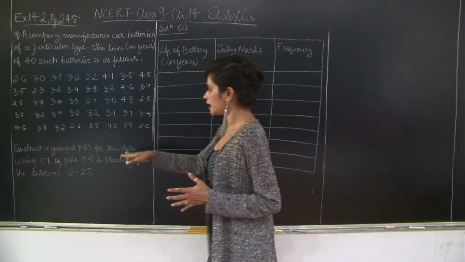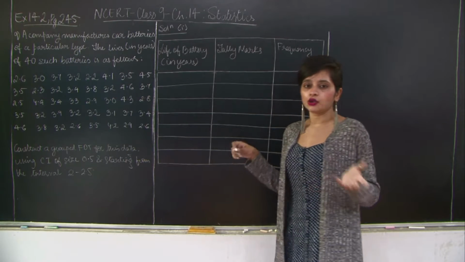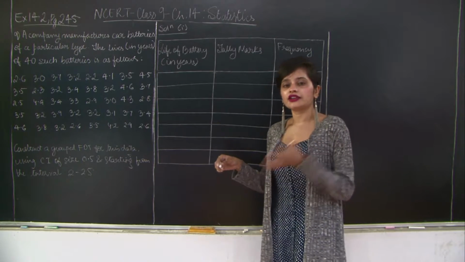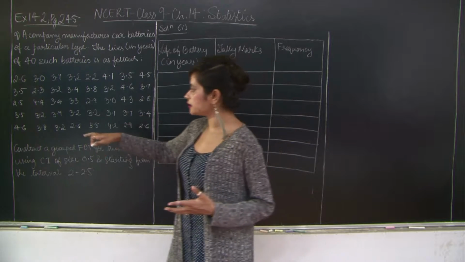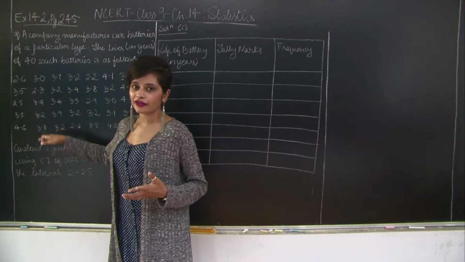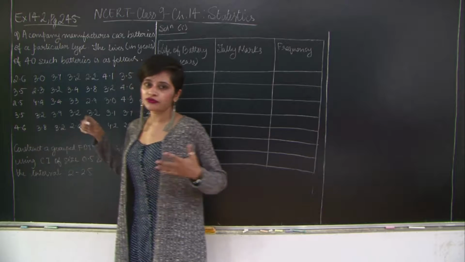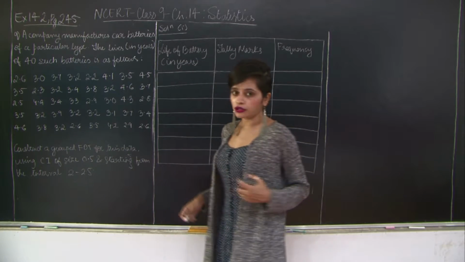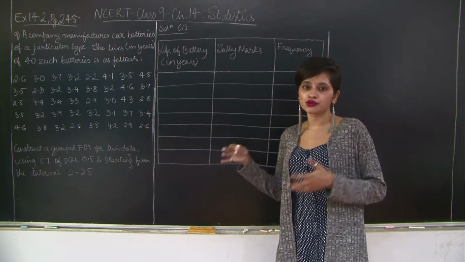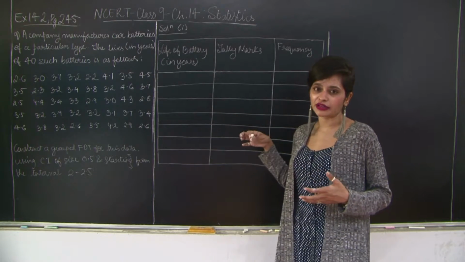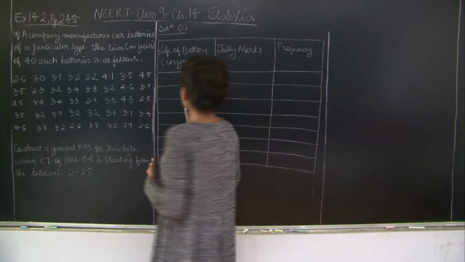Now since we have 2 to 2.5, you will have 2.5 to 3, then 3 to 3.5 and so on. So we will have to take values until 4.5 to 5, because 4.6 will fall under that category. Also, instead of just taking 2 to 2.5, I am going to say 2.0 to 2.5 because we have decimal values. So let's get started.